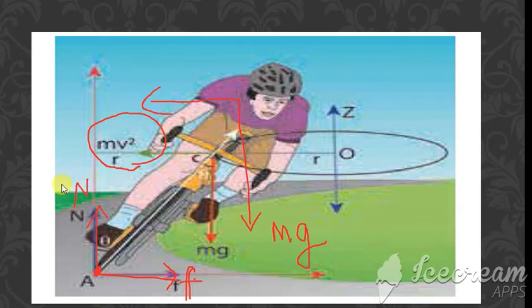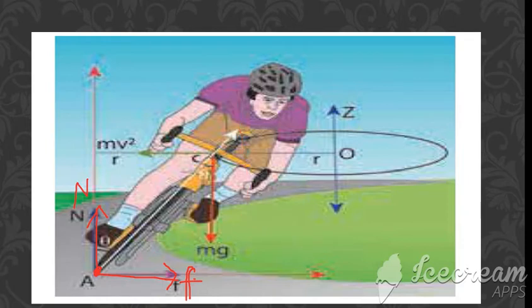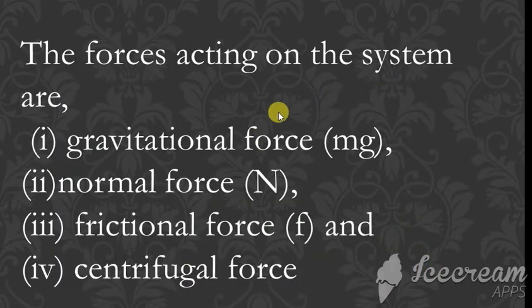So we have four forces: normal force, frictional force, gravitational force, and centrifugal force, acting on the body when any person is moving in a circular path.